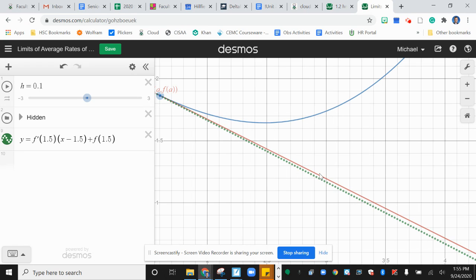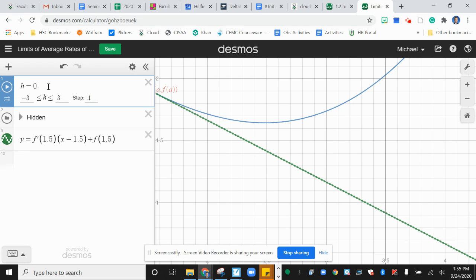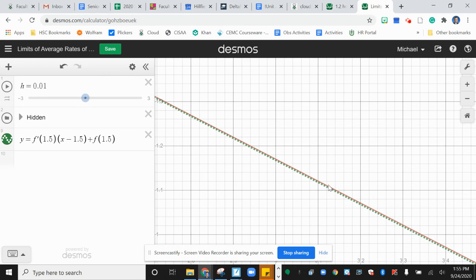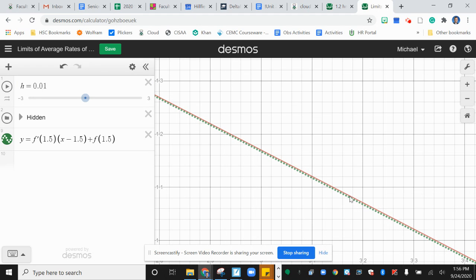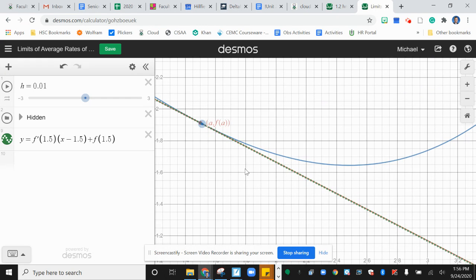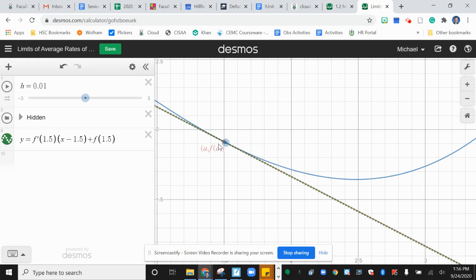Red is not touching green there. And if h is 0.01 and better, red and green are still not equal. And we're looking for exact here. Approximate is not good to us anymore. We want exact.